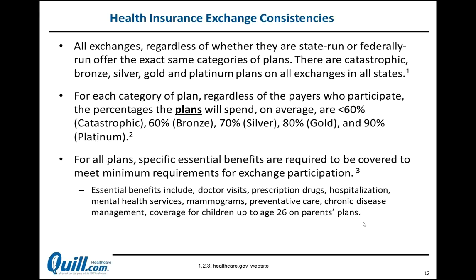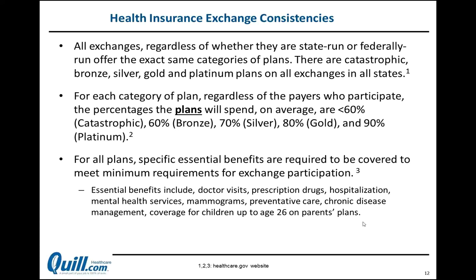So relative to consistencies, all of the exchanges, whether they're state-run or federally run, essentially offer the same exact categories of plans. That is, you'll find catastrophic, bronze, silver, gold, platinum across all of the different exchange plans. You'll also find that the patient's contributions and the payer contributions are consistent.